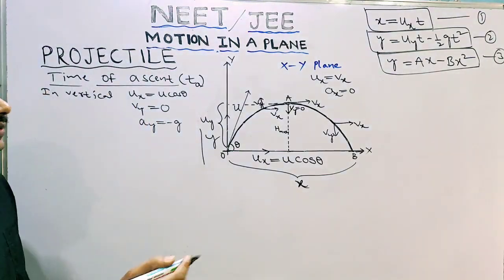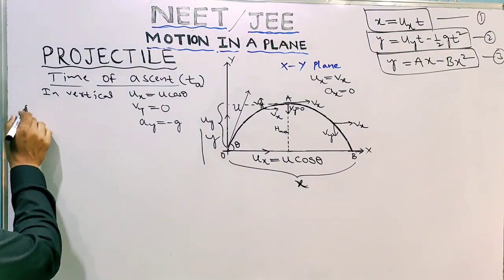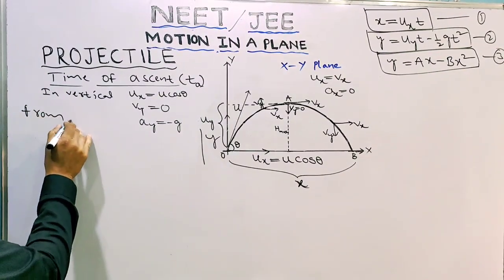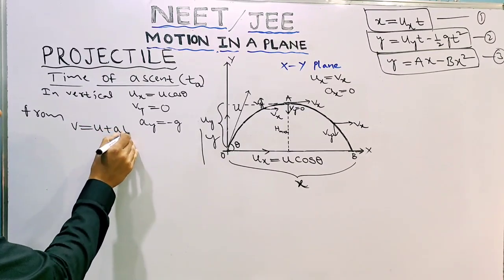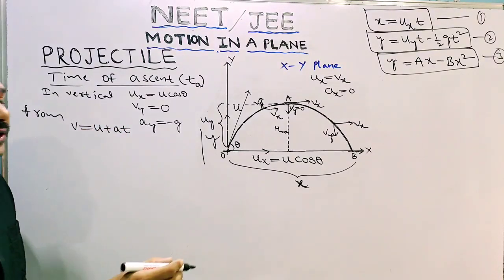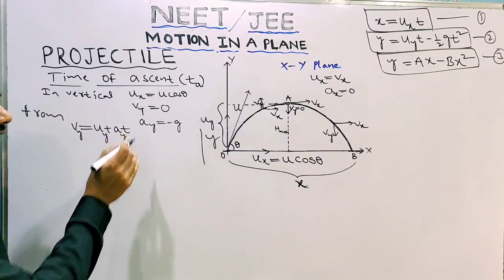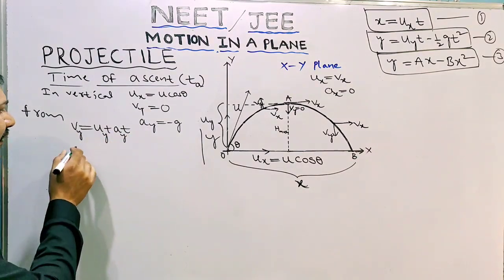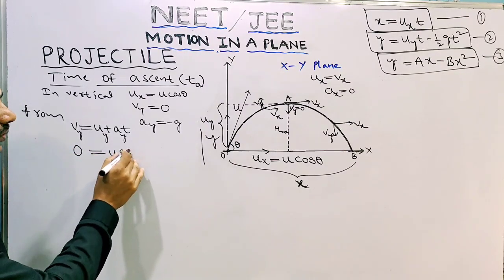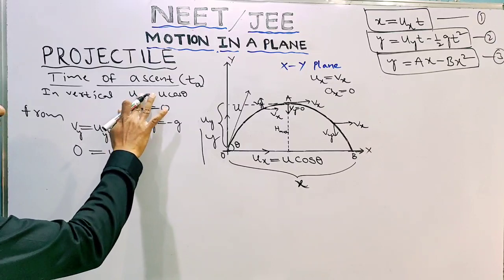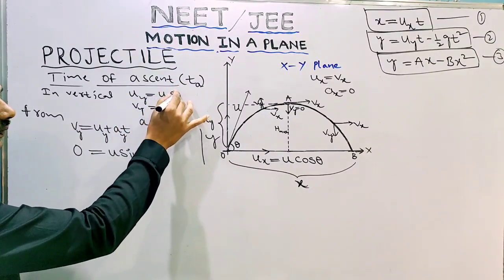I am substituting in the equations of motion, first equation: v equal to u plus at. This is a vertical motion, that is why vy, uy, ay. So vy is 0 equal to uy, for vertical motion uy is u sin theta.